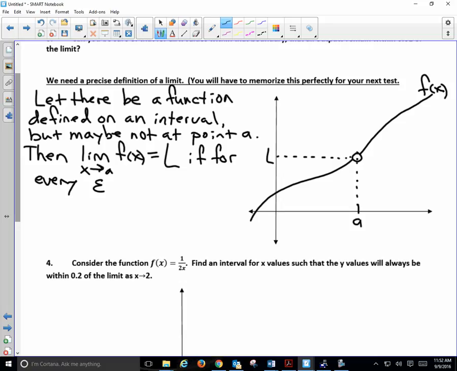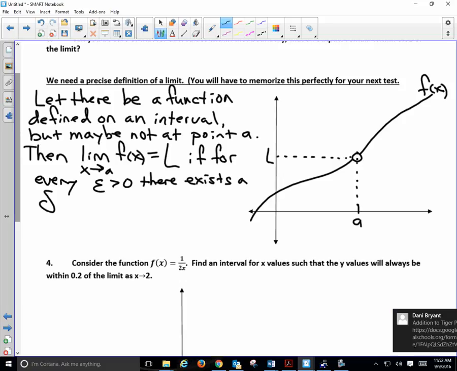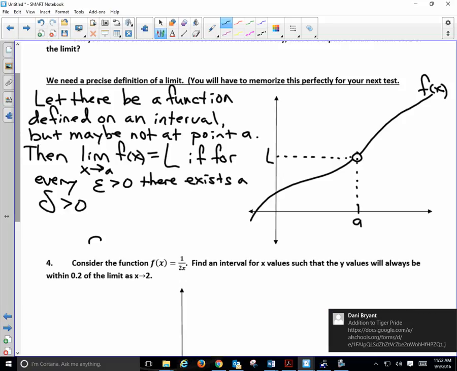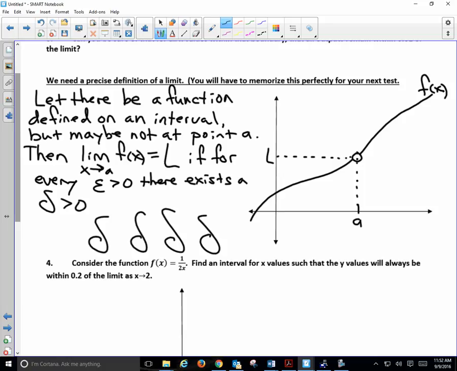epsilon greater than 0. Epsilon is the lowercase Greek letter for E. Epsilon greater than 0. There exists a delta. Delta is the lowercase Greek letter for D right here, greater than 0. I'll draw a few more deltas. Sometimes my first one isn't very good. Those are all greater than 0.